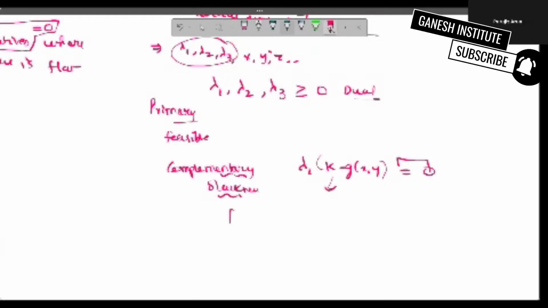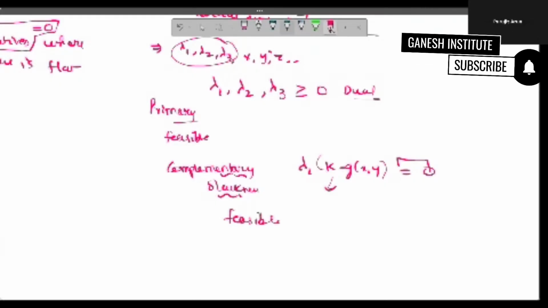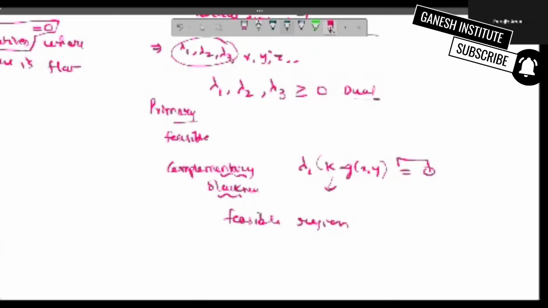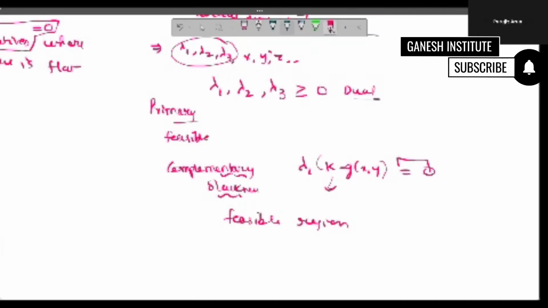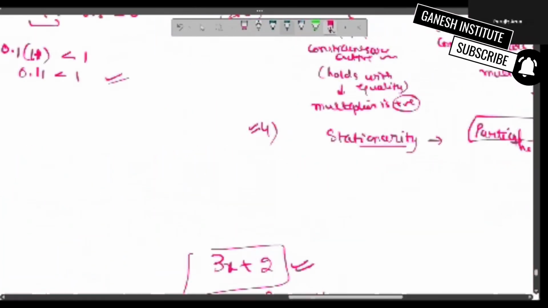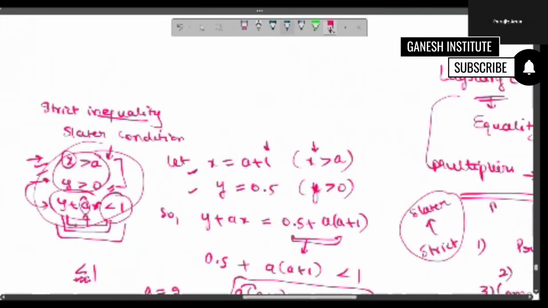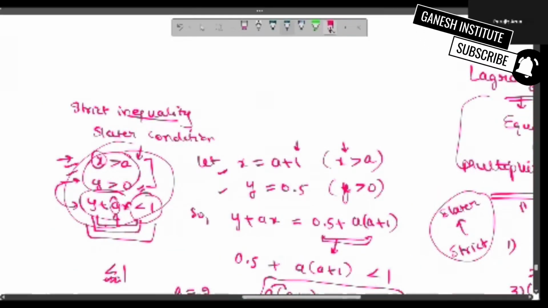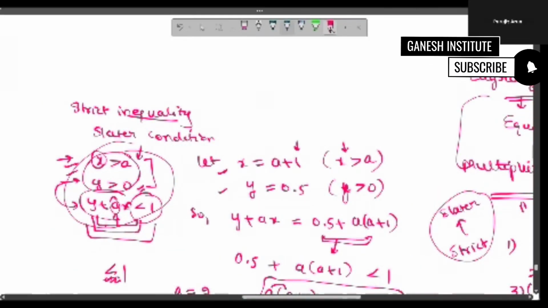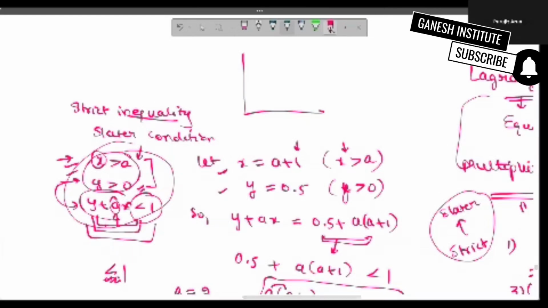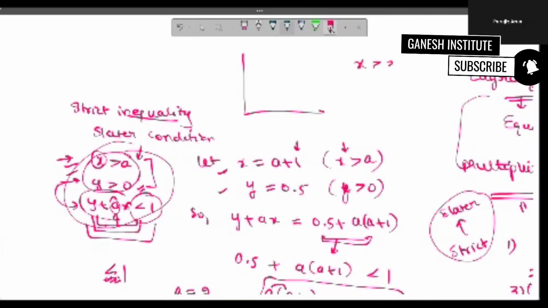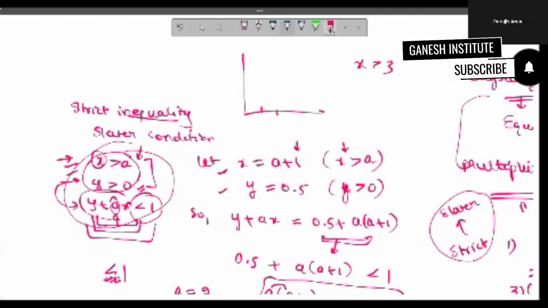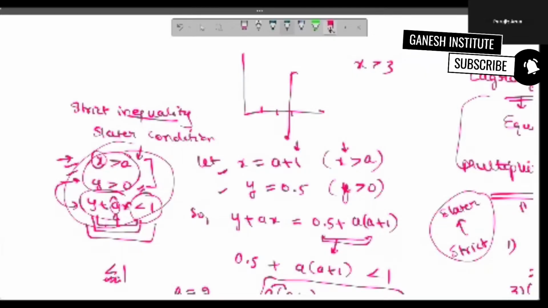I think it'll be better if I solve a sum with an example. Then you'll find out the feasible region. What's a feasible region, ma'am? Feasible region, on the graph, wherein, for example, if the question has asked me x greater than 3, I'll have 1, 2, 3. This is the line.